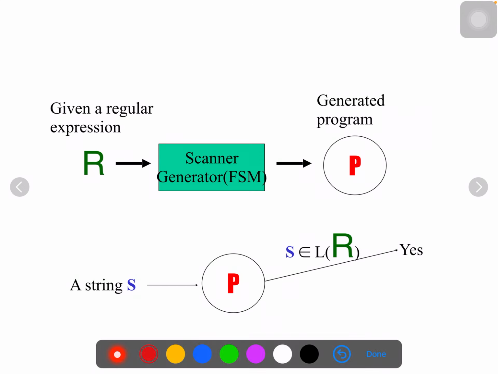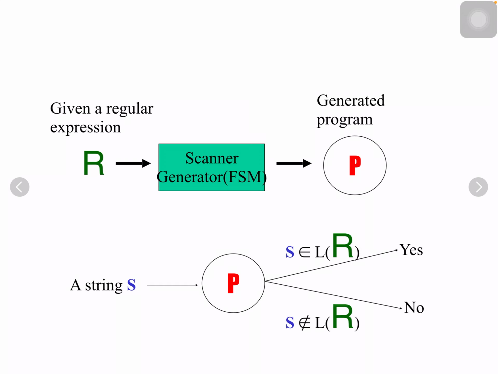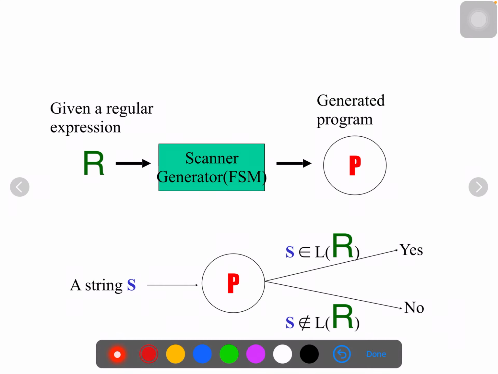In turn, this program will take a string as input. If the string belongs to the particular class, that means it is recognized by the regular language, then it is accepted. If the particular string does not belong to that regular expression, then it says no. This way the finite state machine checks whether the string is accepted or rejected.